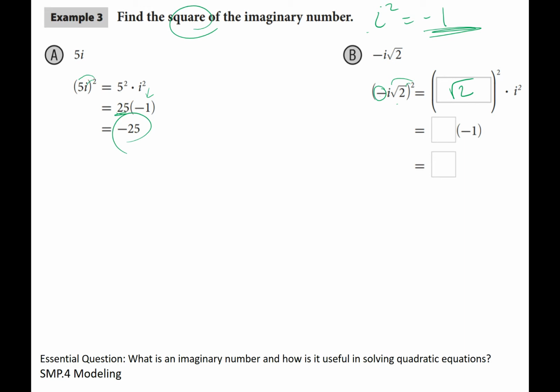Yep, they leave the negative. So they're putting the negative in front because it's a real number. So we know that the i squared gets replaced with the negative 1. When we square a negative, it goes positive. And the square and the square root basically cancel each other out. They're opposites. So we just get a 2. And then 2 times negative 1 is negative 2.